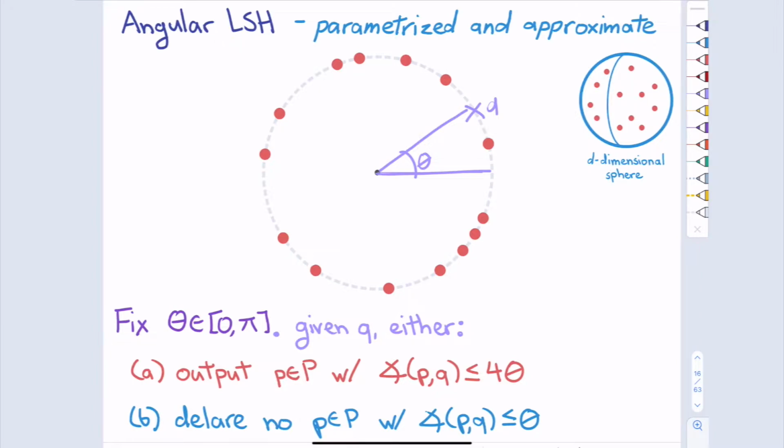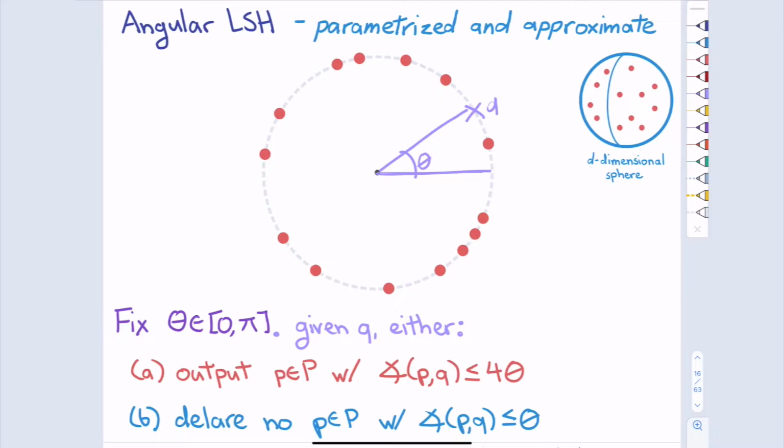So we want to use hashing somehow, and this is a reasonably good idea. It would be great if I could come up with a hash function so that points that are within theta of each other collide and points that are further than theta don't collide. Let's not worry too much about the high-dimensional part and just look at this two-dimensional picture and see if we can develop some ideas. You're not allowed to use binary trees or something that would only work in low dimensions.